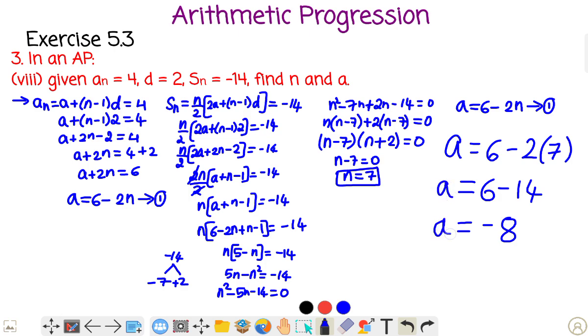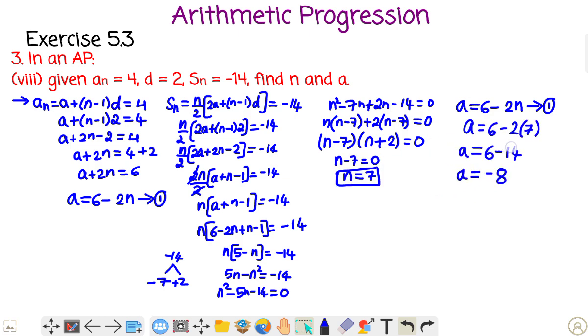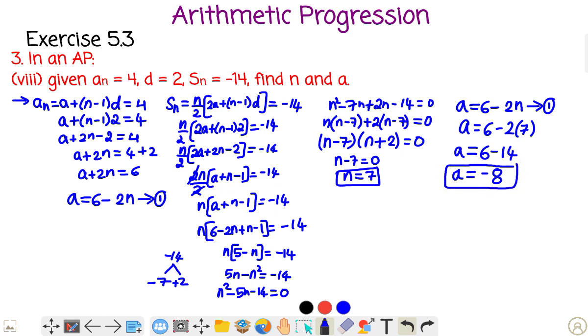So a value is minus 8 and n value is 7. So these are the two required values. Okay, I hope this is clear. So okay, we'll move on to the next bit.